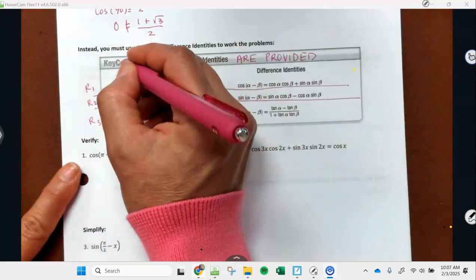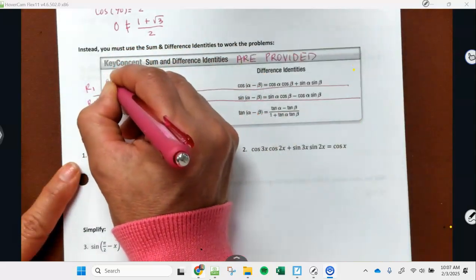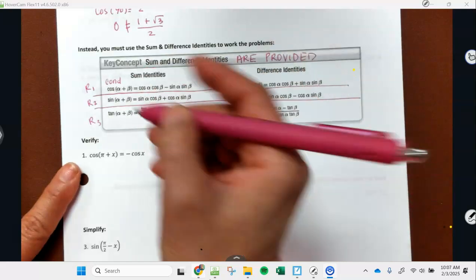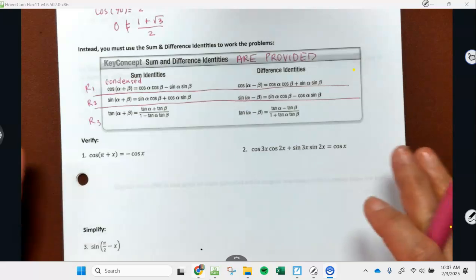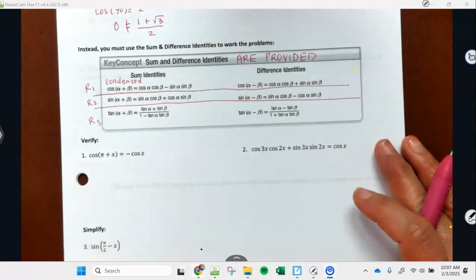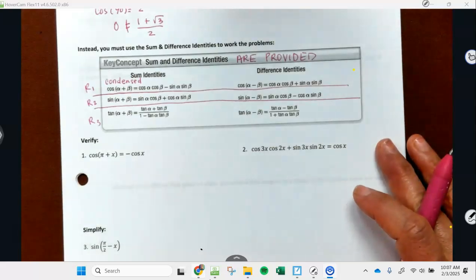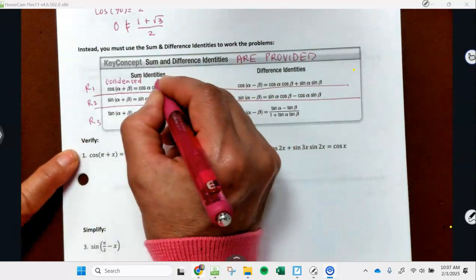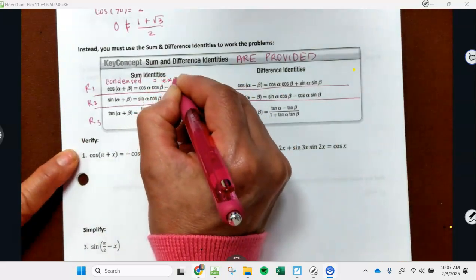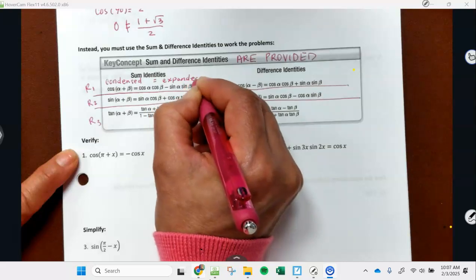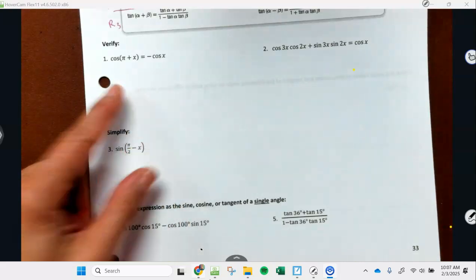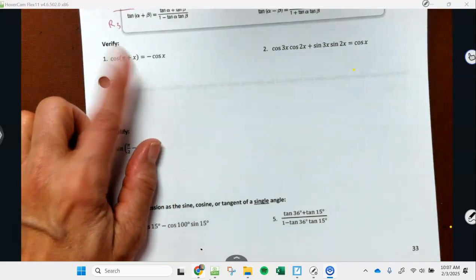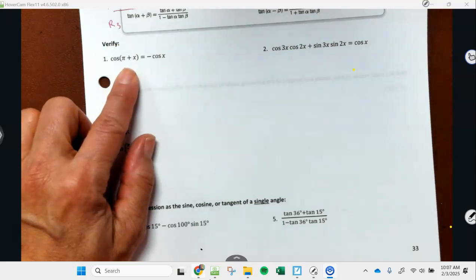Everything on the left-hand side of the equal sign is condensed. When you see parentheses, it's considered in condensed form. On the right-hand side of the equal sign, it's considered expanded. So the other side over here on the right is considered expanded. So if I'm trying to verify this and make the left side look like the right side, I'm going to focus on the left side and I'm going to start expanding this out.